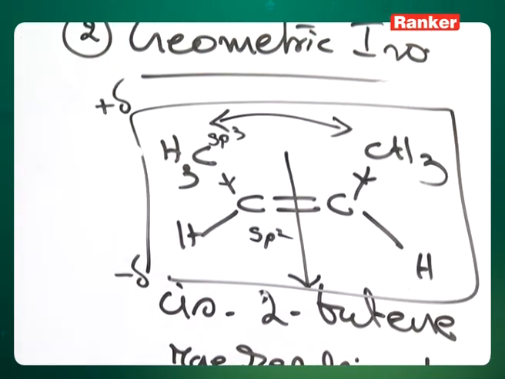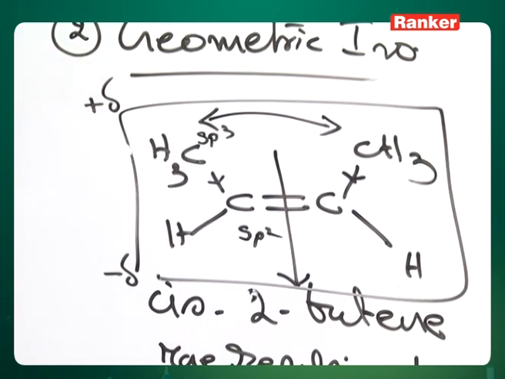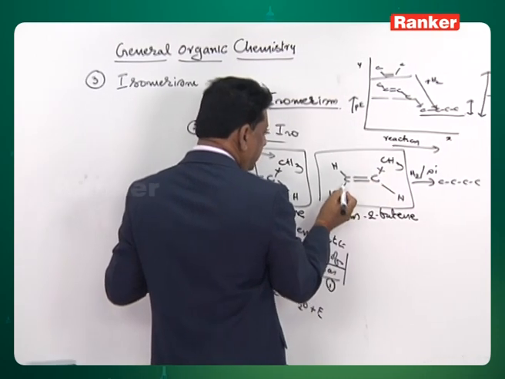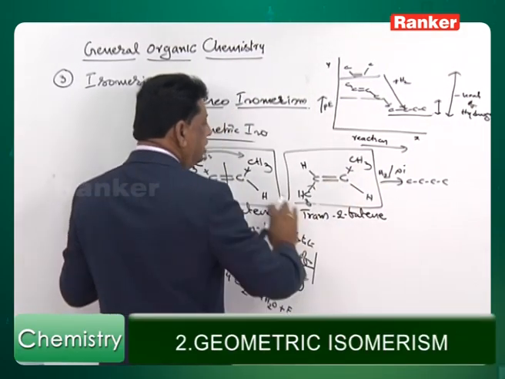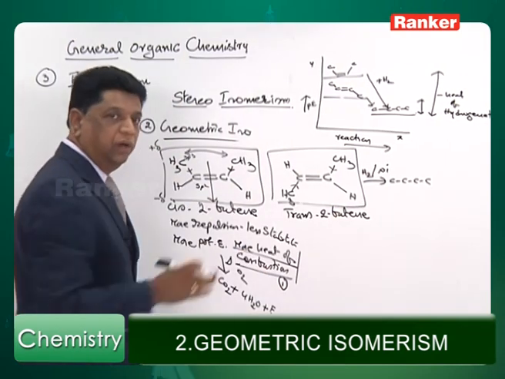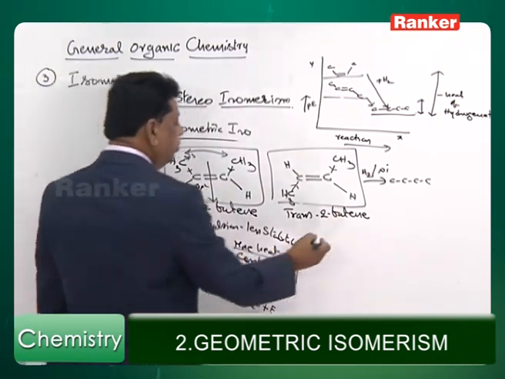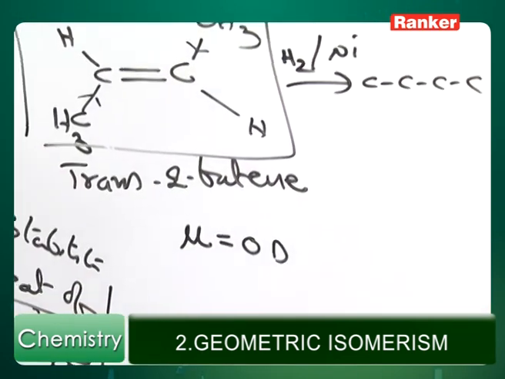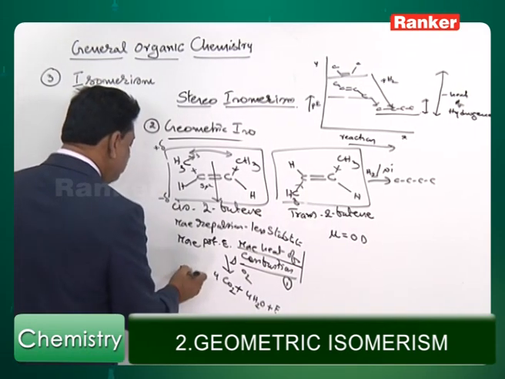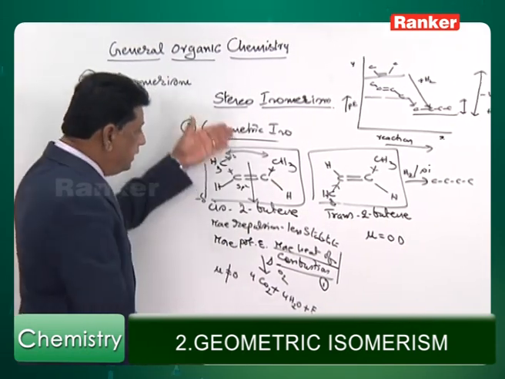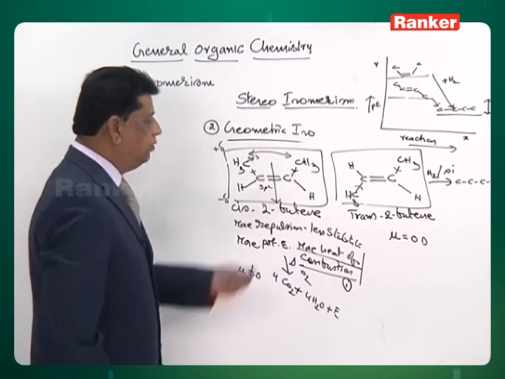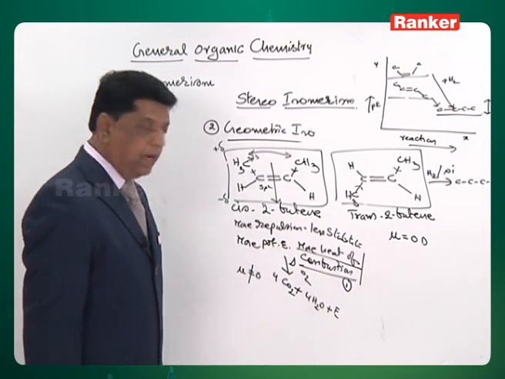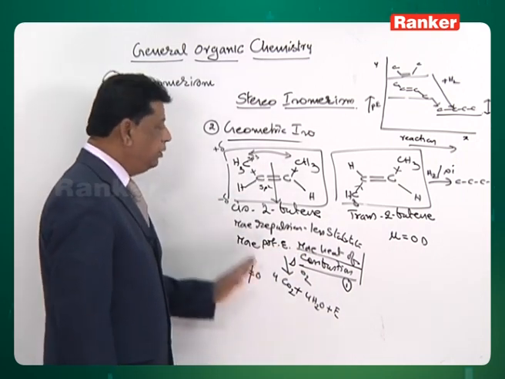In trans, what happens? The donations get cancelled, so there is no charge accumulation on the molecule. So the dipole moment mu is said to be 0 Debye. Here in cis, mu is not equal to 0; some net dipole moment will be there. In trans it is cancelled, therefore almost equal to 0. So trans-2-butene is not polar, cis-2-butene has some polarity.